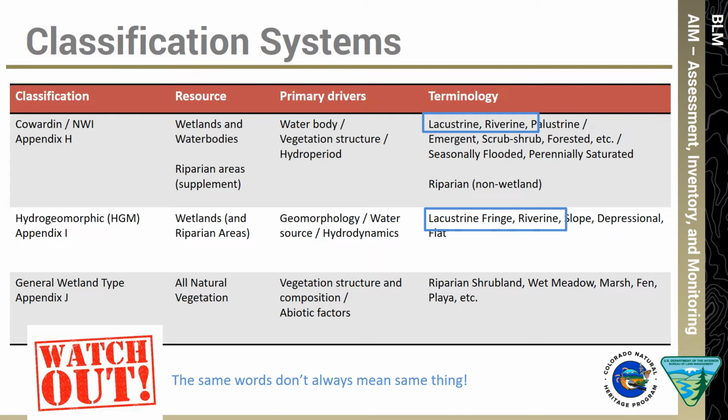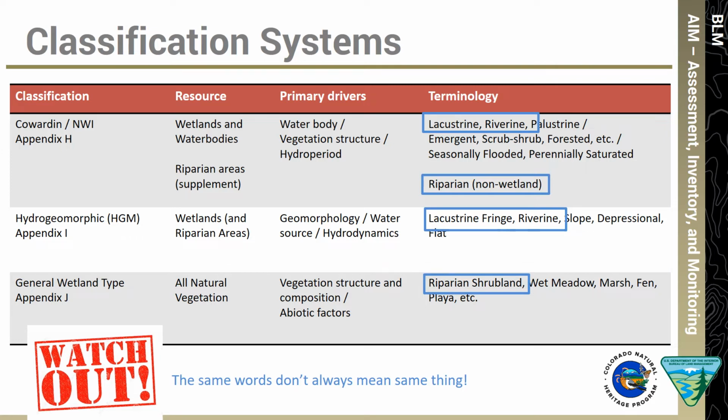While they both have the same root meanings, lacustrine refers to lakes and riverine to rivers, the exact uses of the words are different in the two systems. Similarly, the term riparian shows up in the supplement to the Cowardin classification for drier riparian areas, but it does not exactly match the meaning in the term riparian shrubland. As we go, I will point out these differences to prevent confusion.